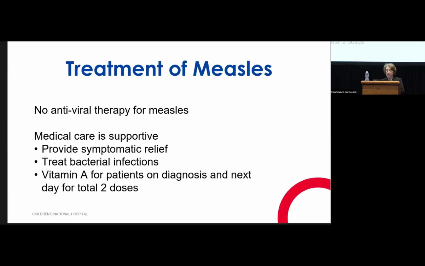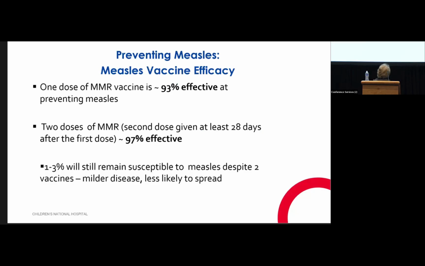The World Health Organization recommends vitamin A for all patients diagnosed with measles, regardless of where they live. And so it's recommended on day 1 with a second dose given 24 hours later. Okay.